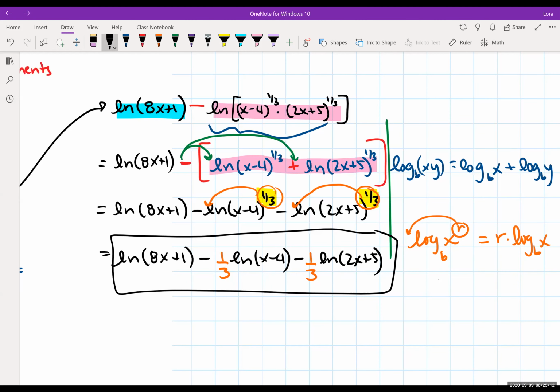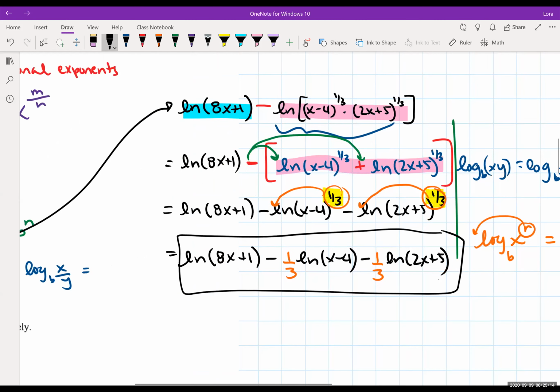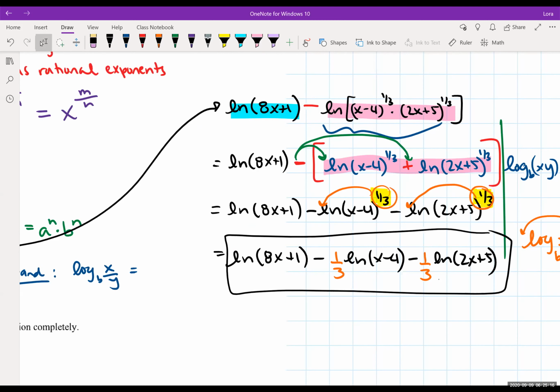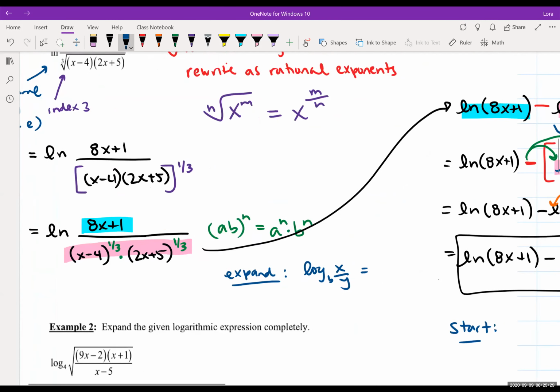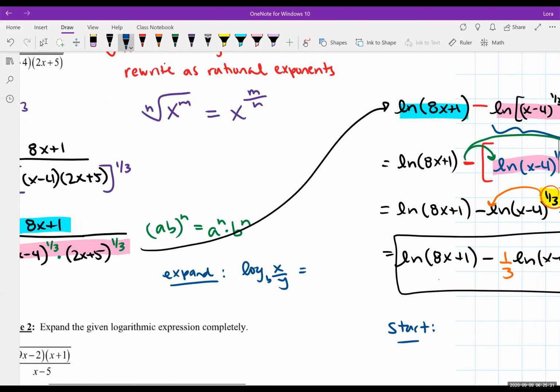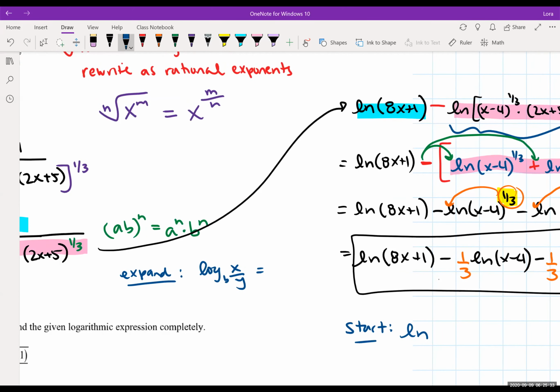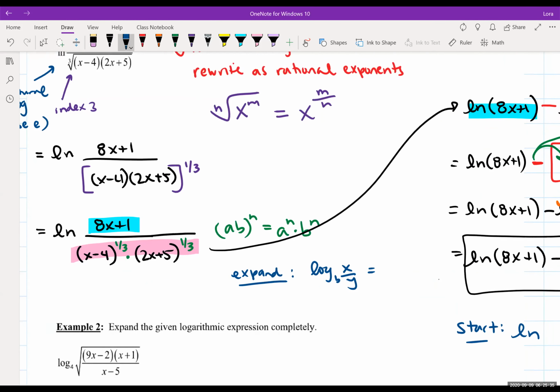So that's wonderful. Some of you may be asking why? Why should we be doing this? It makes it look a lot more complicated. Just consider where we started. So remember, we started off, and I'm going to rewrite it in terms of the natural log after we rewrote with rational exponents.